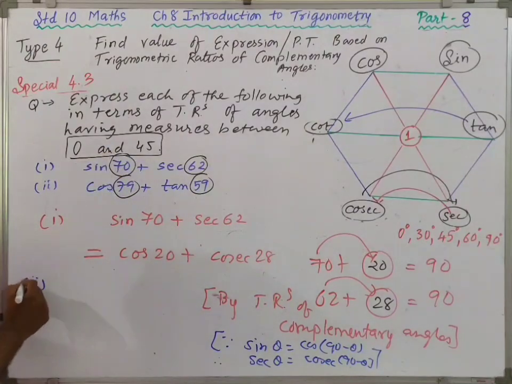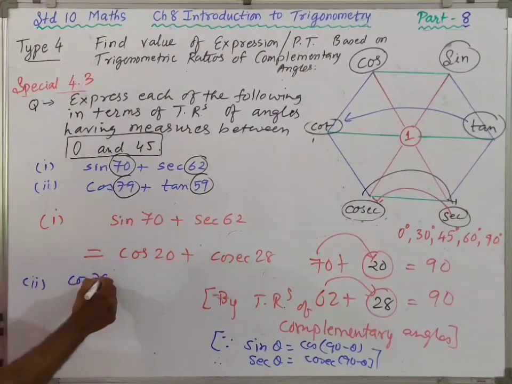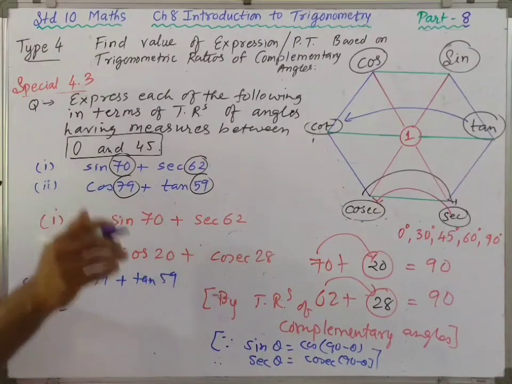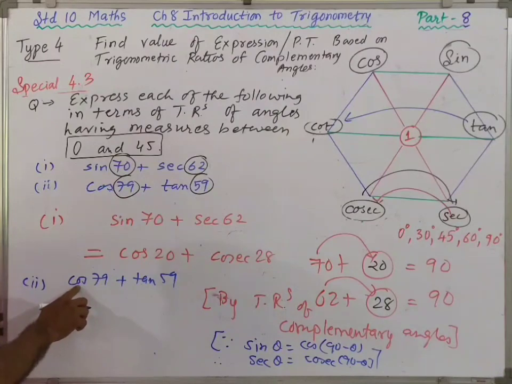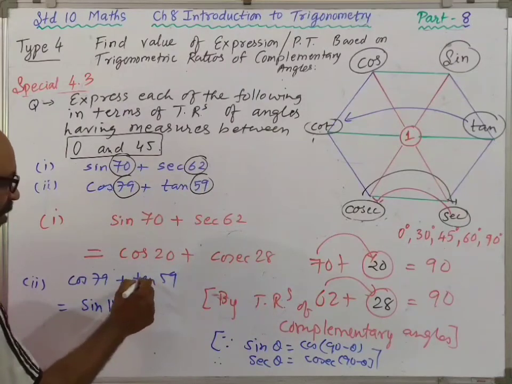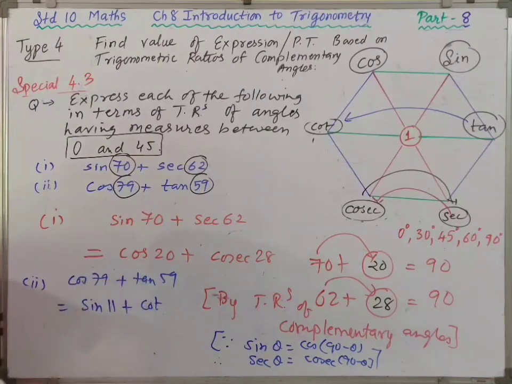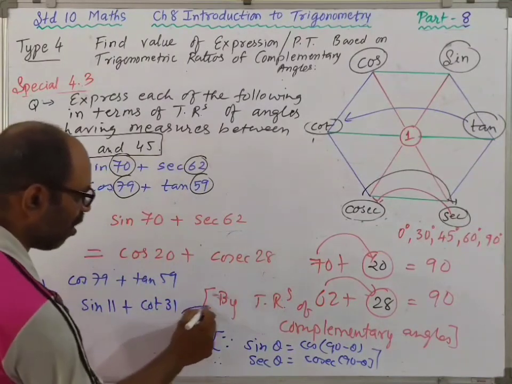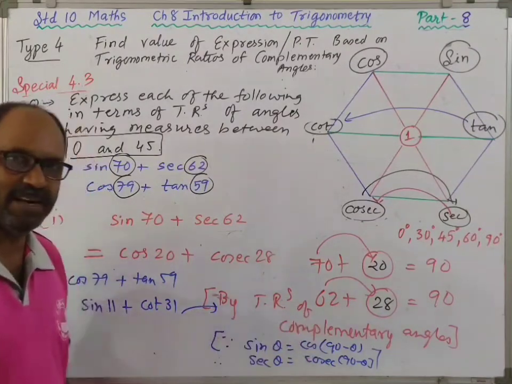Simple. The second one now, cos 79 plus tan 59. I'm going to write directly now. Complementary of cos is sine and complementary of 79 is 11. Complementary of tan is cot and complementary of 59 is 31. Because by trigonometric ratios of complementary angles.